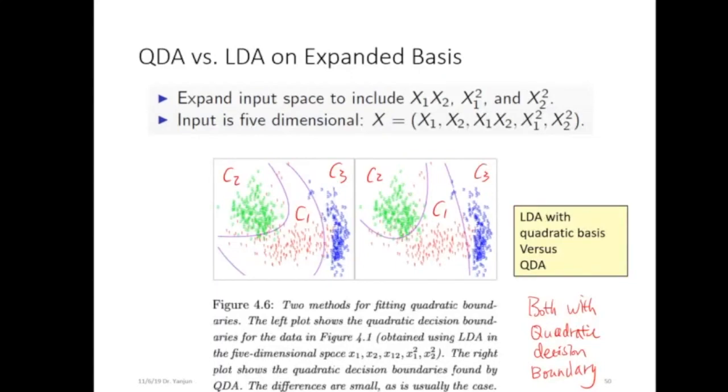You can actually prove that QDA's decision boundary is a quadratic function. And you can also make LDA learn a quadratic decision boundary too. This is trying to give you a proof showing they're almost equivalent: both learn quadratic decision boundaries.